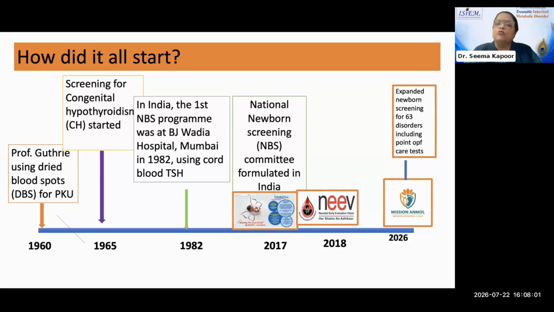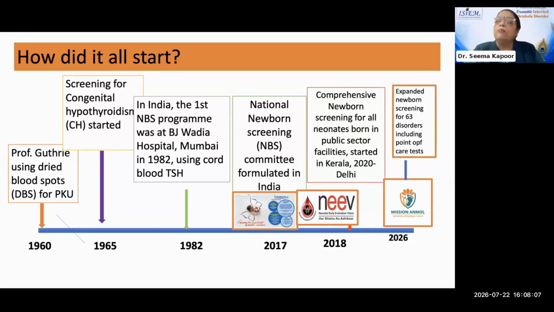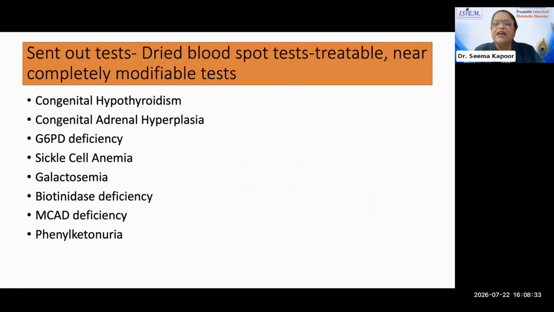Closely following this came 2 programs, Mission NEEV and Shalabam. And these were comprehensive newborn screening programs which screened public sector births. It started in Kerala and in Delhi in almost the same period, between 2018 and 2022. But Delhi was very fortunate, and we really thank ORDI for that beautiful portrait they gave us of Mission ANMOL here, because it actually looked at many more disorders and looked at optimal care of a live newborn.